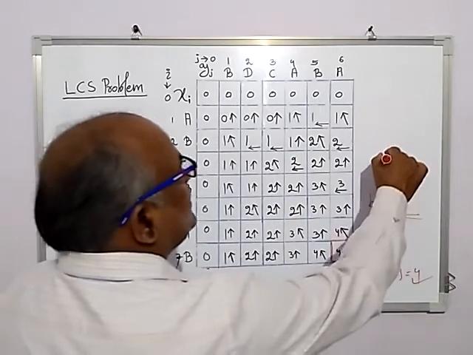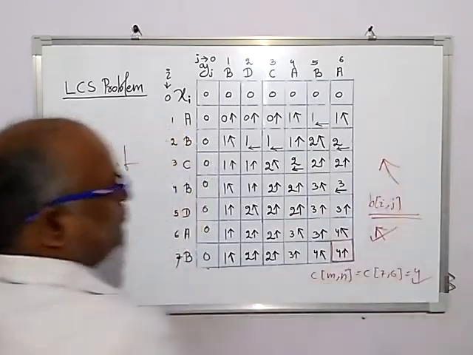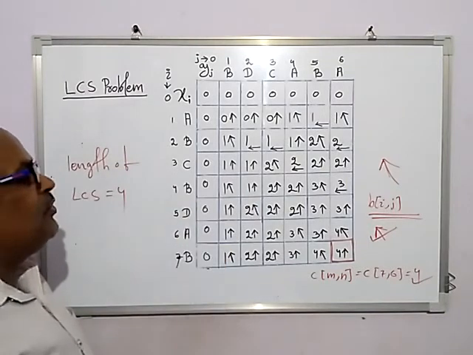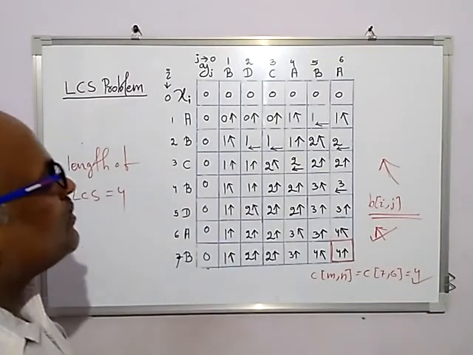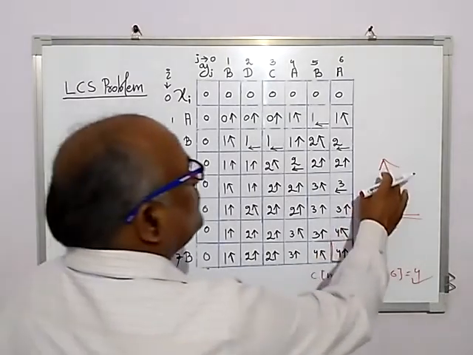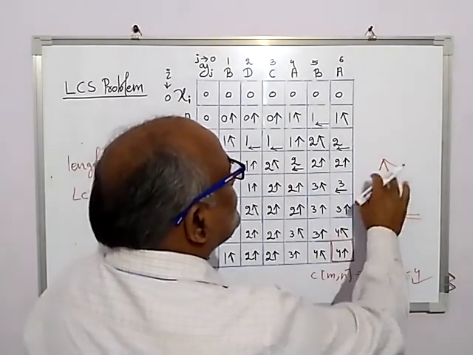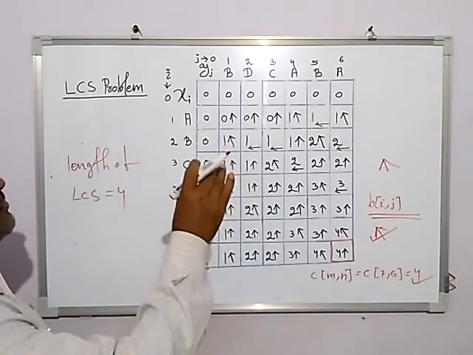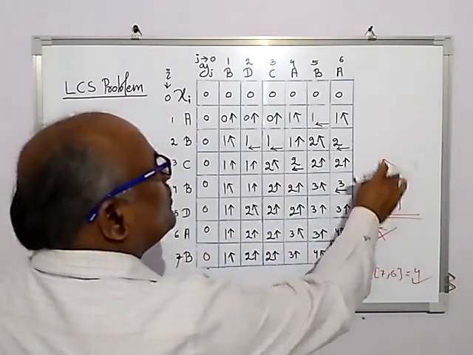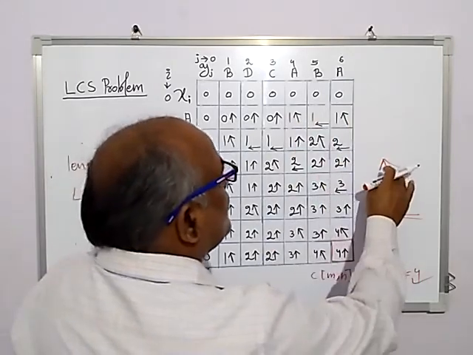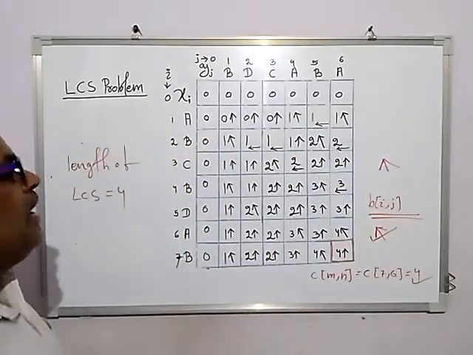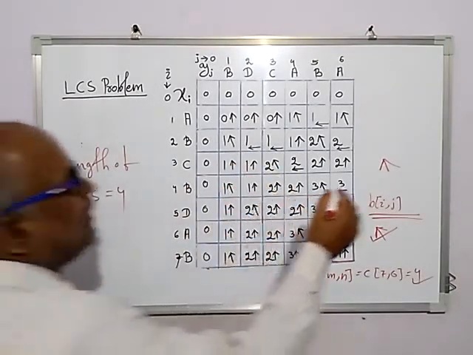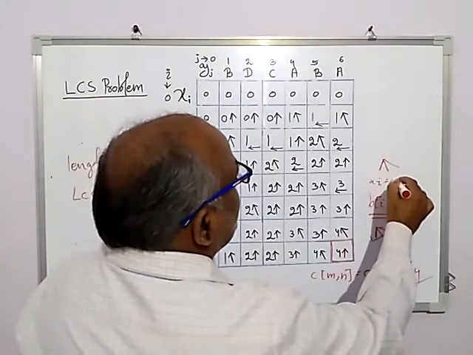When you see the slanting arrow, for each arrow on the path, the entry corresponds to xi equal to yj.